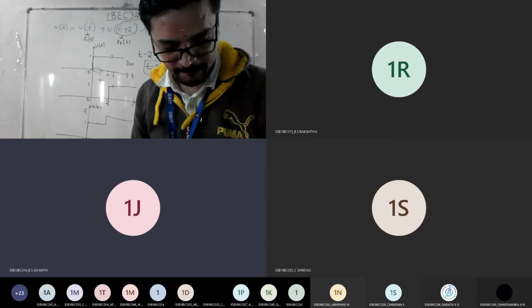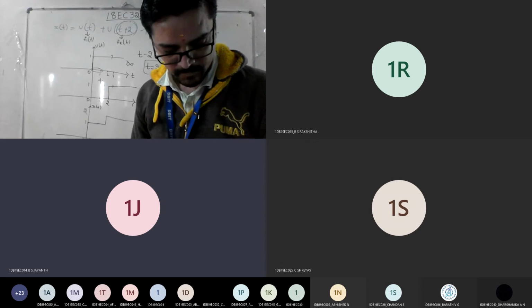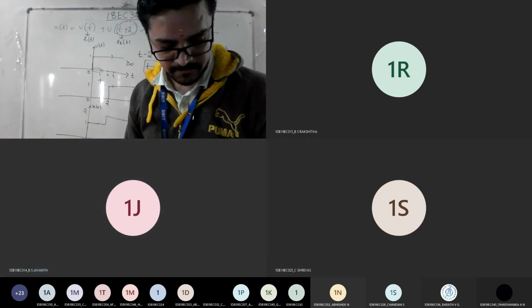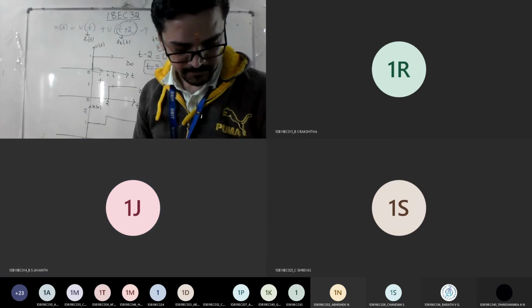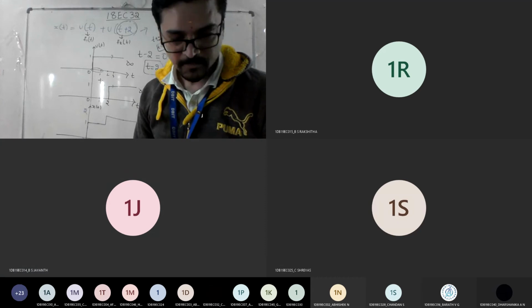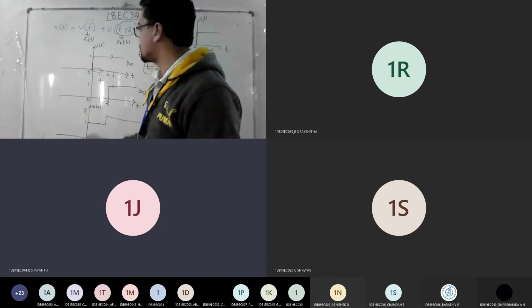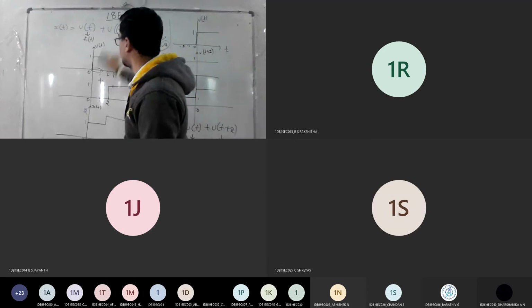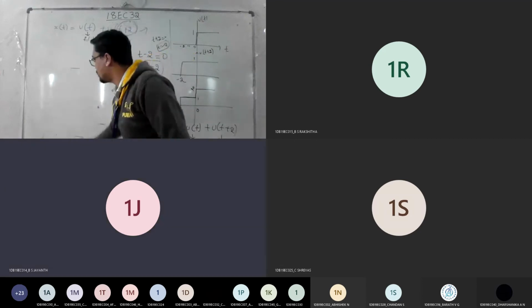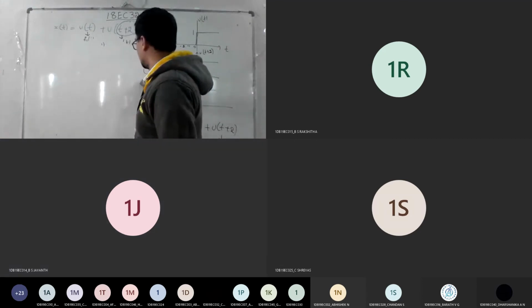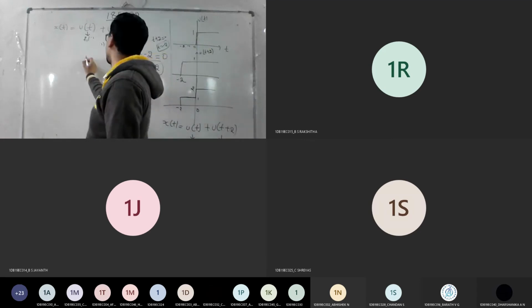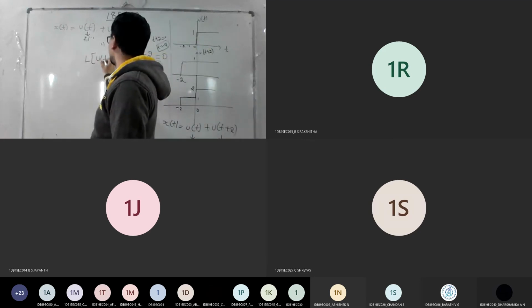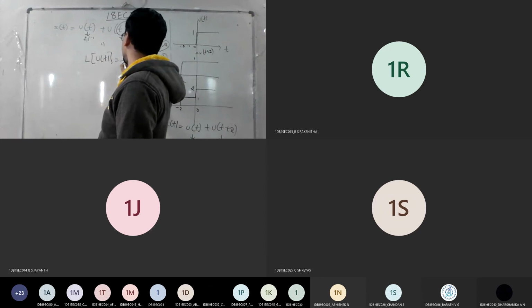Laplace of u of t, we have written, sir, that's all. Yes, u of t you got. What is the answer? 1 by s. Correct. So what about u of t minus t? You have not written that, sir. Just make a note of the formula now. I will erase this. So whenever the Laplace transform is applied, Laplace of u of t, I think you already got as 1 by s.